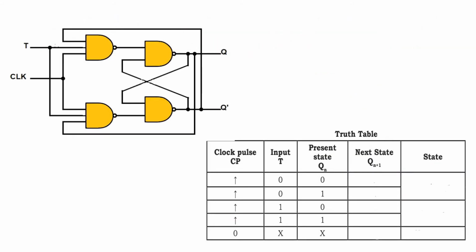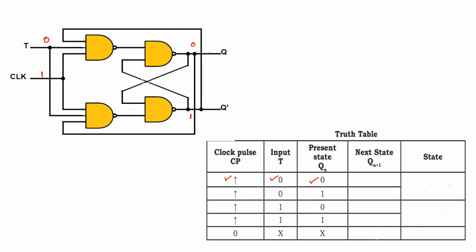Next, I am going to explain the truth table for the T flip-flop. So, first of all, consider the case number 1. Clock is high, input T is equal to 0, present state Qn equal to 0. So, Qn bar is 1.